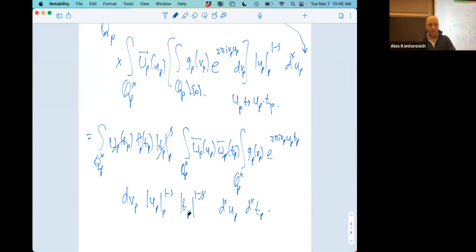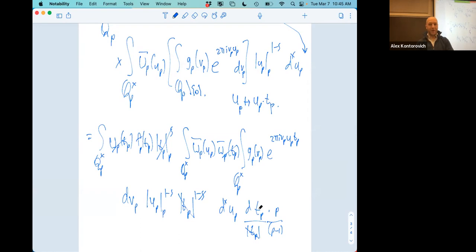Also, here we have a t_p to the 1 and d cross t_p. Remember what the Haar measure is. It's some constant. In fact, that constant is p over p minus 1 times d t_p. So that just died out. So those two are canceled.